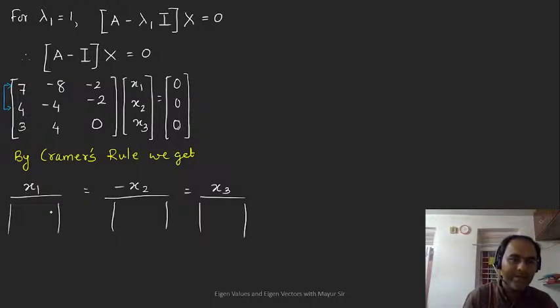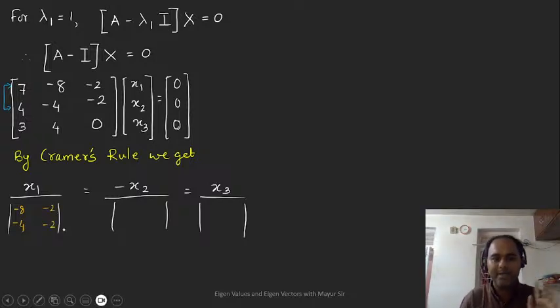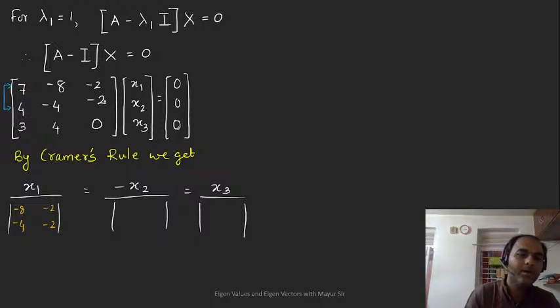So what are we left with? We are left with minus 8, minus 4, minus 2, minus 2. That is what we are left with, so that is below x1. Below minus x2 you delete the second column. What is going to come? 7, 4, minus 2, minus 2.